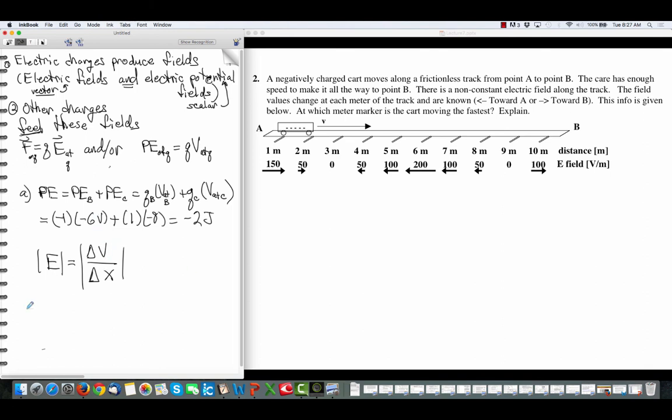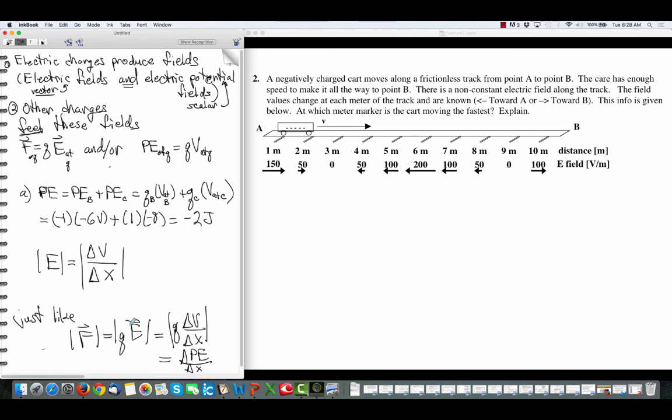The gradient of the electric potential. I want to remind you from 7A that the gradient, the slope of the potential energy curve, told you about how big the force was.